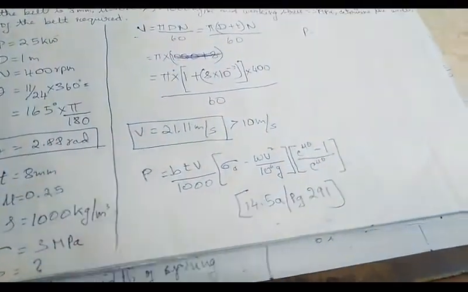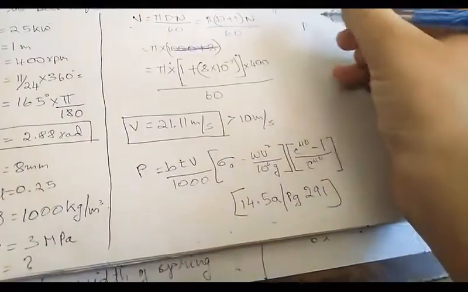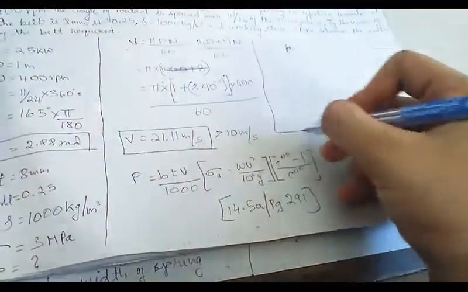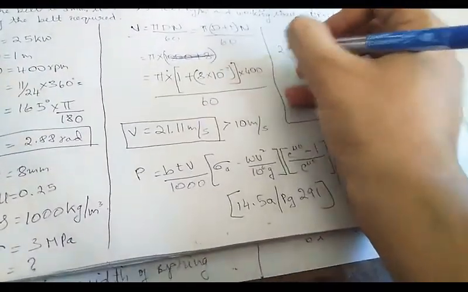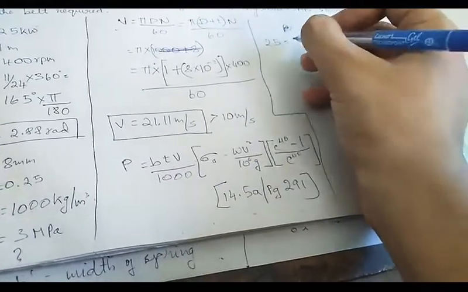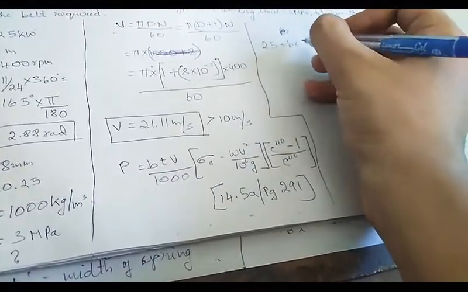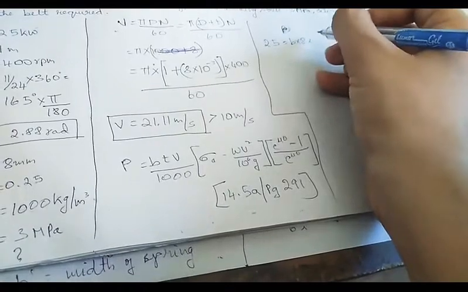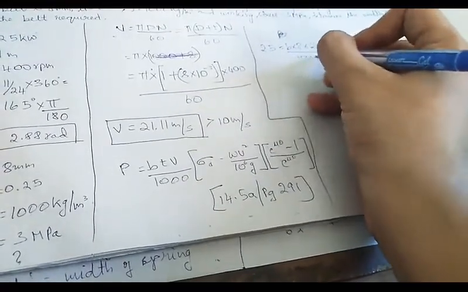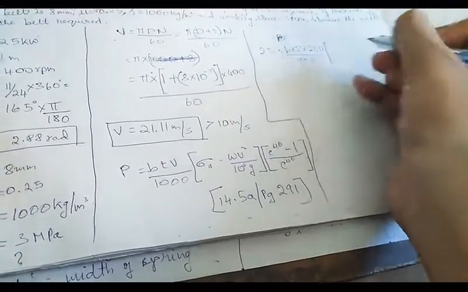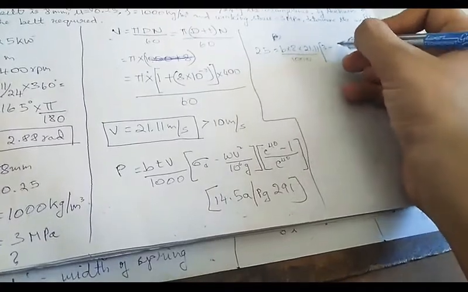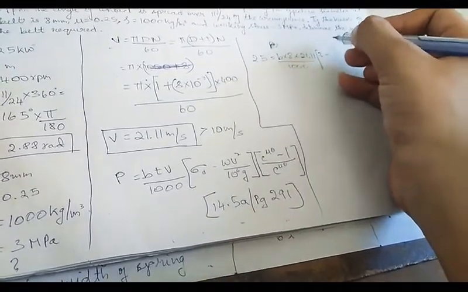So now we shall find the value of power. So we have to find the value of B, that is width. Power they are already given, 25 kilowatts they are given. B into T. Working stress is 3 MPa they have given minus. So W we shall find it.